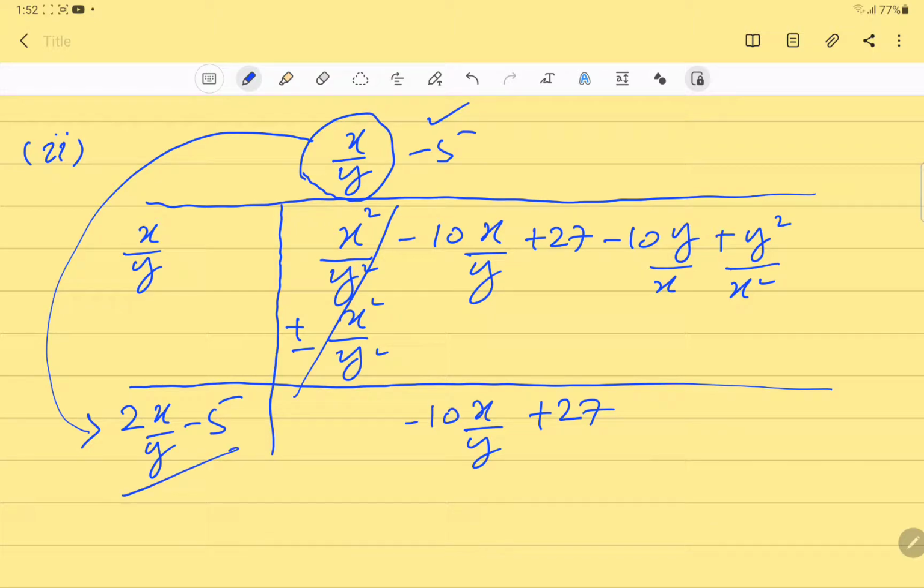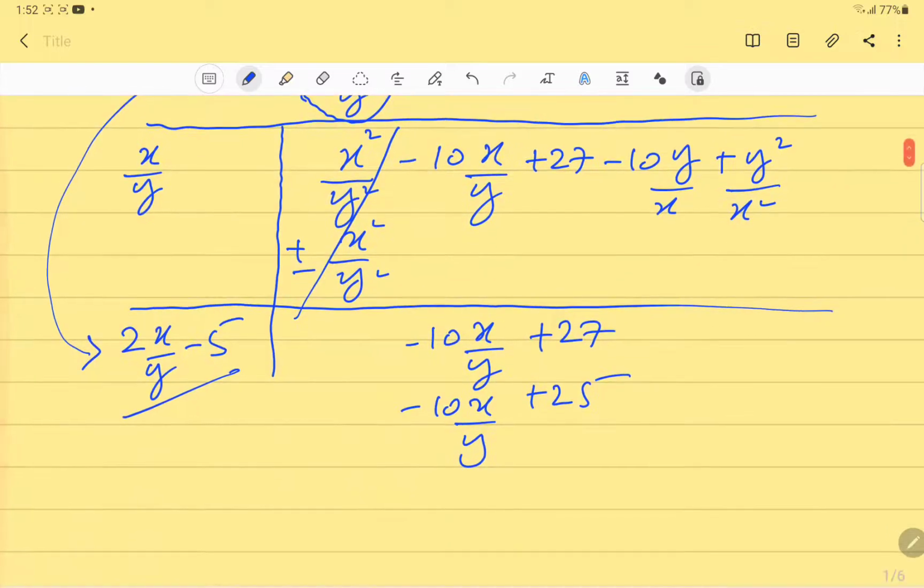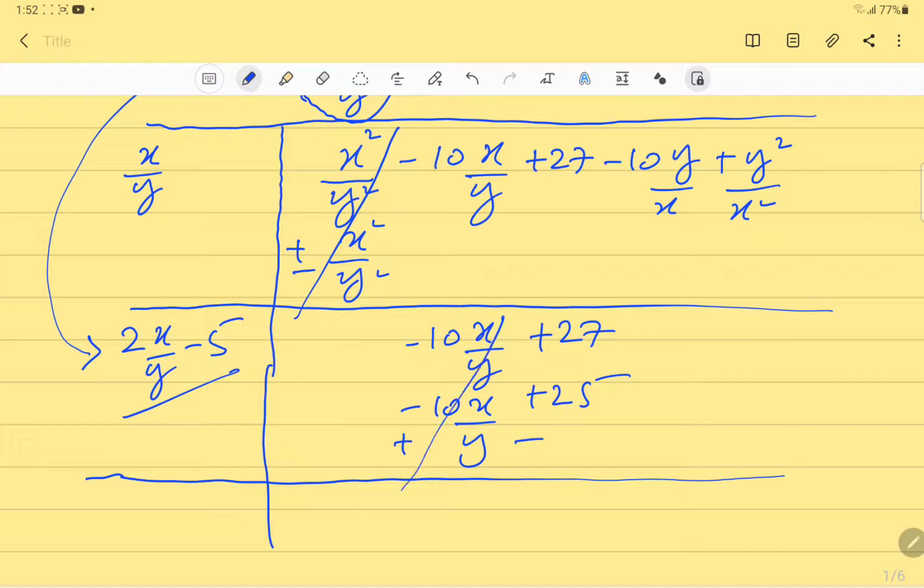So minus 5 into 2x over y will be minus 10x over y, and minus 5 into minus 5 is plus 25. Now when we subtract this, signs will reverse, this will cancel, and 27 minus 25 is 2. We will bring down the next two terms, minus 10y over x plus y squared over x squared.